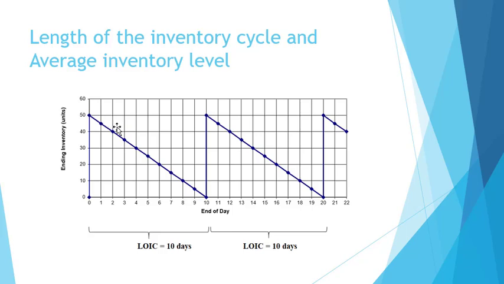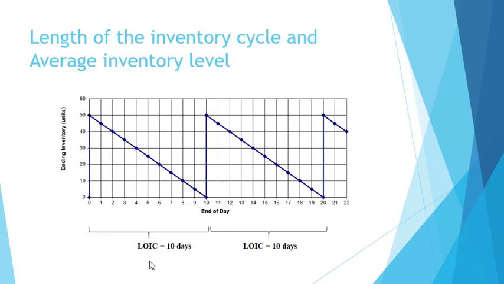At the end of day 2, it will be 40 units. On and on, as you can see, the whole 50 units will be depleted at the end of day 10. That completes one cycle of inventory.